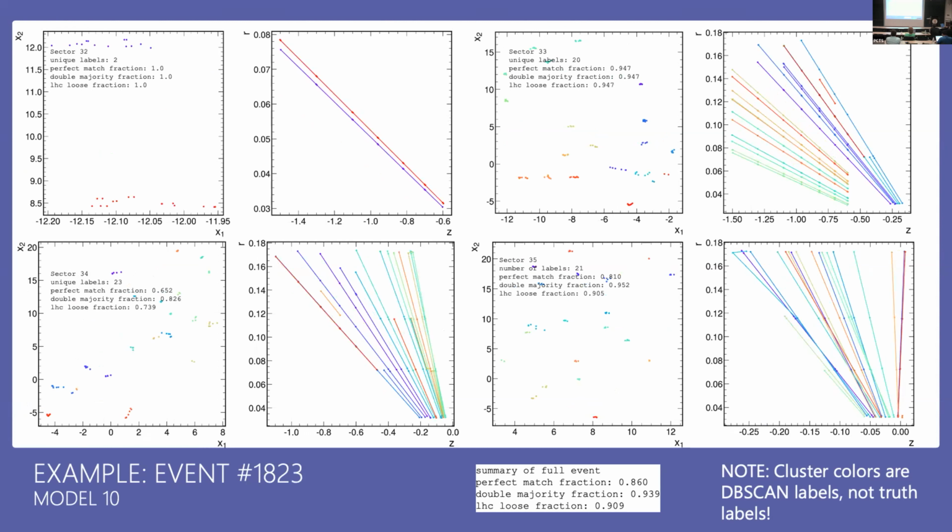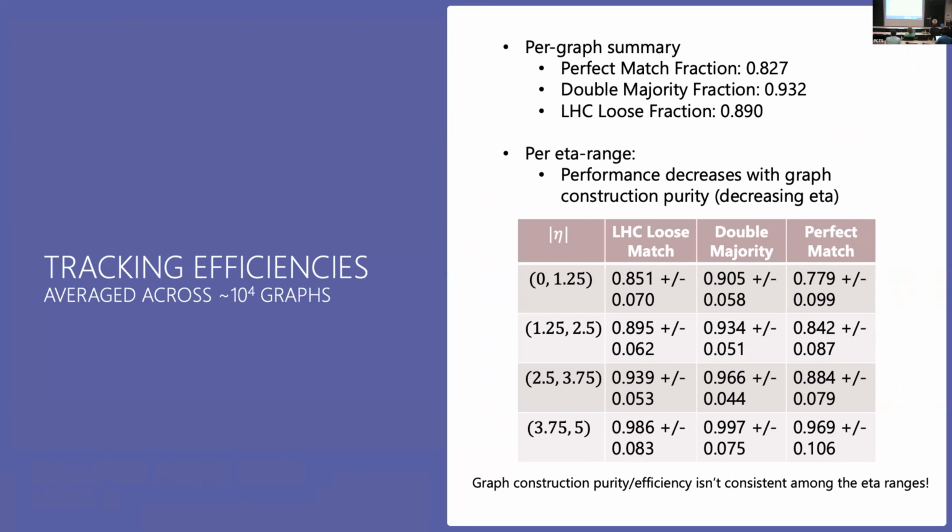This is an example from another event where you can draw more or less the same conclusions. If you repeat this exercise for a bunch of different graphs, you can get a per-graph summary of, I guess this is 10 to 4 graphs. We're talking perfect matches maybe 83%, double majority 93%, and LHC was 89%.